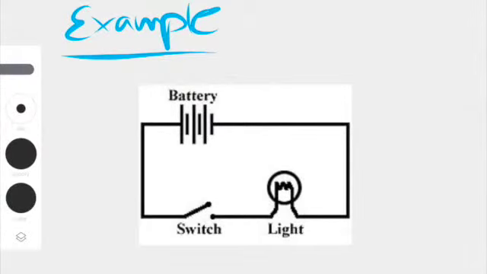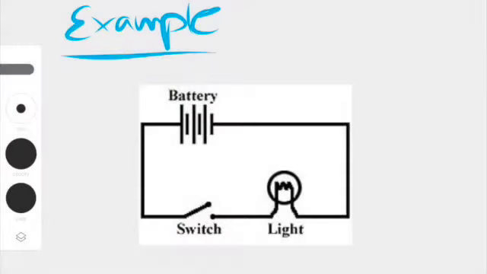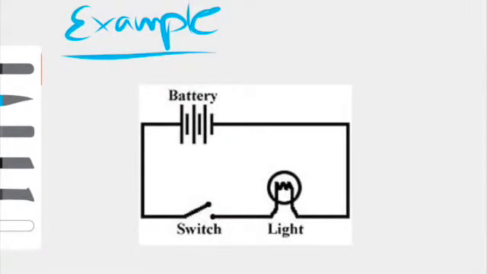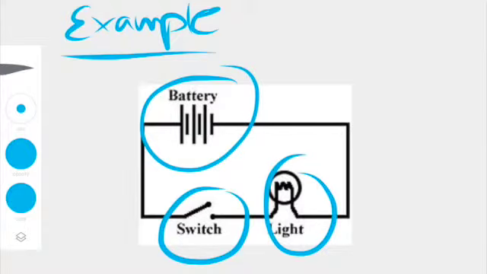In this one, you can see that the symbols are also paired up with a word describing them, like we have the battery symbol. Let me add another layer on top so you can see. So as you can see, we have a battery symbol with the word battery, a switch with the word switch, and a light bulb with the word light bulb.